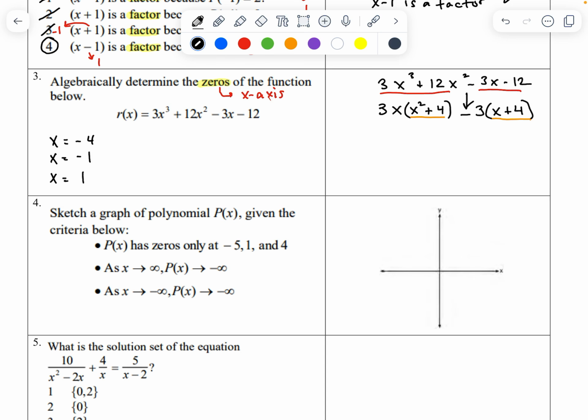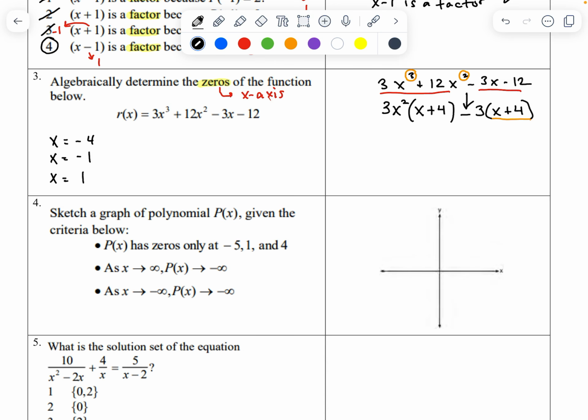I'm so glad this happened. If I look carefully, I have a 3 and a 2 here, and I only pulled out x, which is incorrect because I really should have pulled out x squared. Now I should have x plus 4. Okay, now that makes sense.